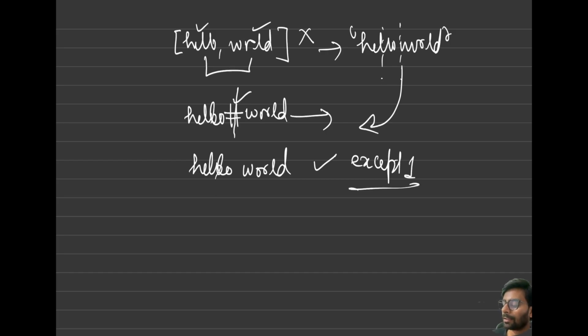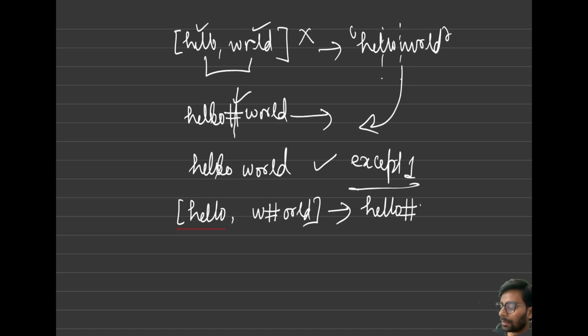That case is what happens if my original string itself has a hash in it. Let's say this is hello, and then I have a hash, and then I have the rest of the characters. Now if I encode it using our logic, this will become hello hash w hash orld, this string.